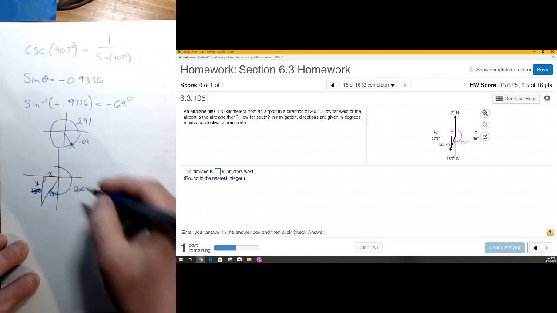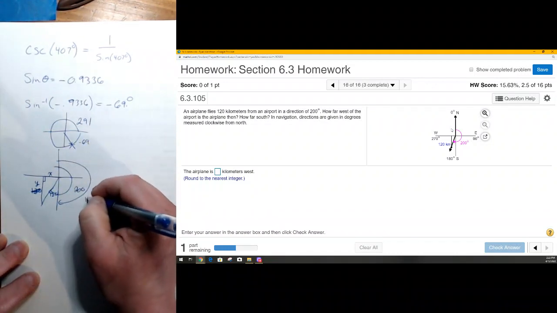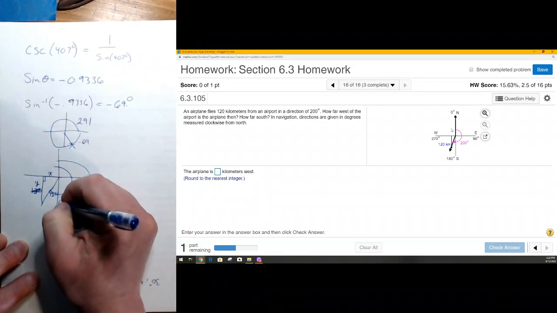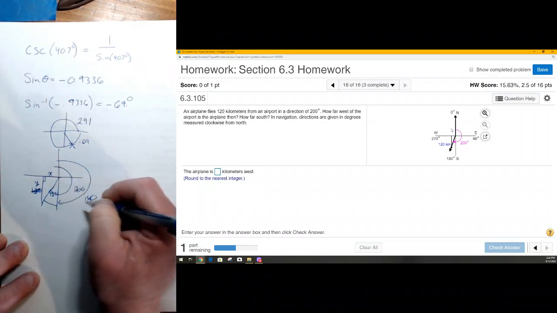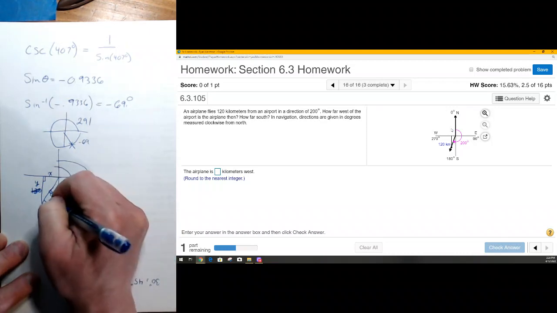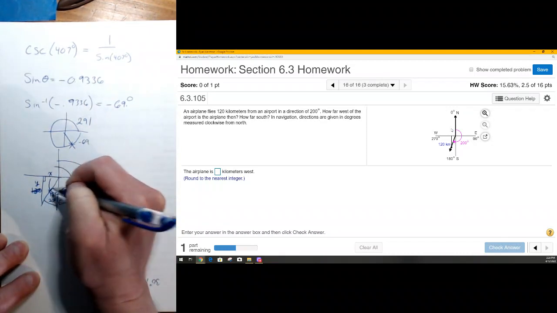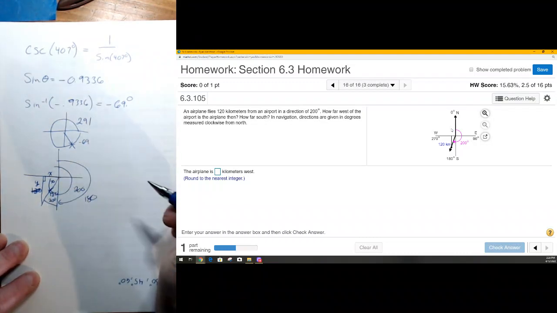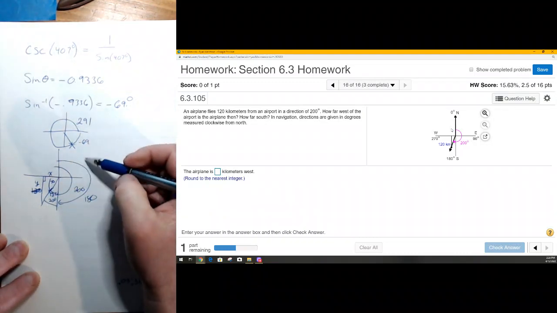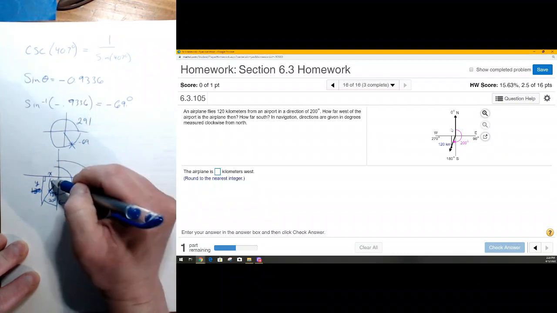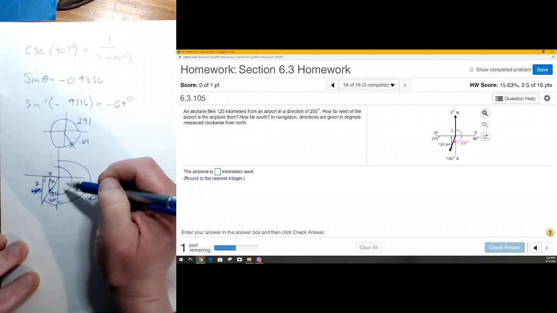Well, I know it's 180 to here, so I know that it's another 20 degrees to here. That means that this angle here is going to be 70 degrees. We're using our supplements and complements to figure out what angle this is on the triangle.